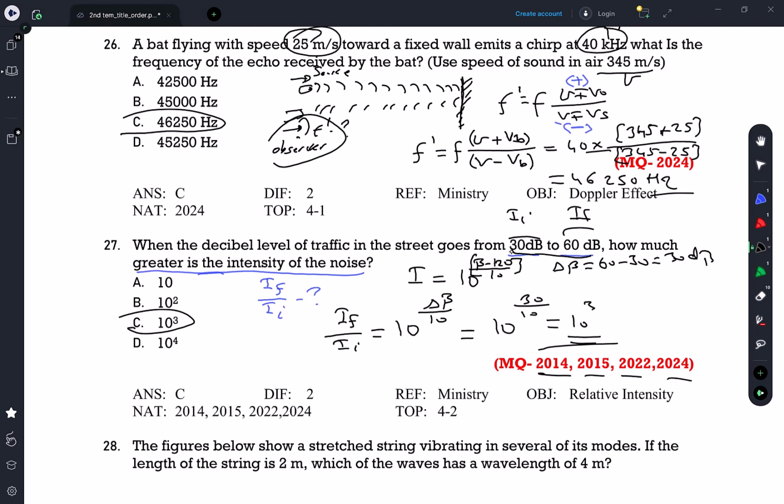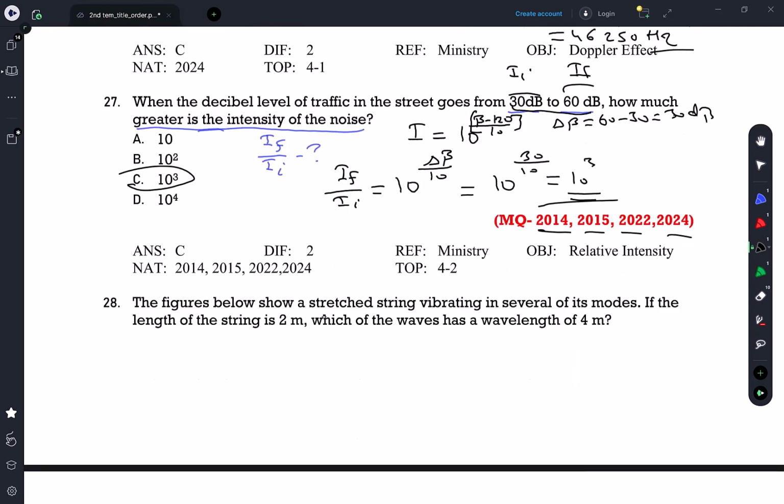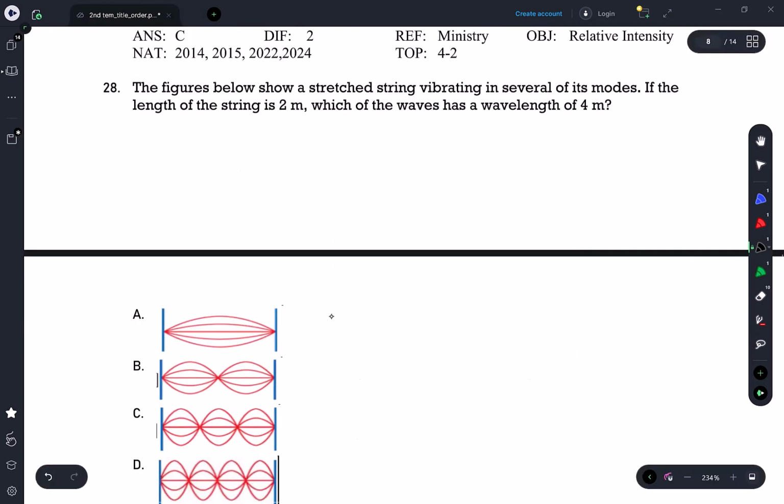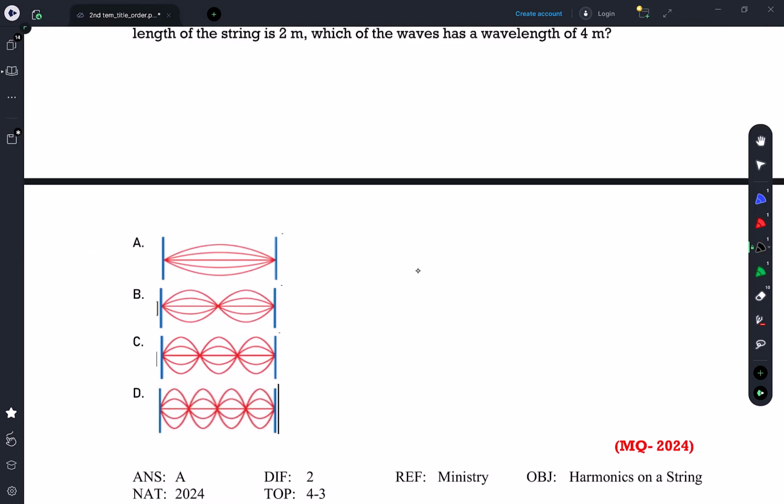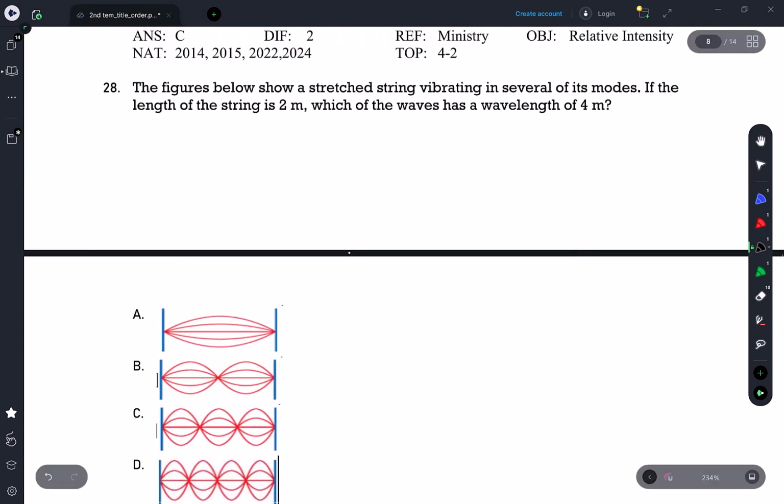Yes, this question is repeated several times. The figure below shows a stretched string vibrating in several modes. If the length of the string is 2 meters, which of the waves has wavelength lambda of 4 meters?